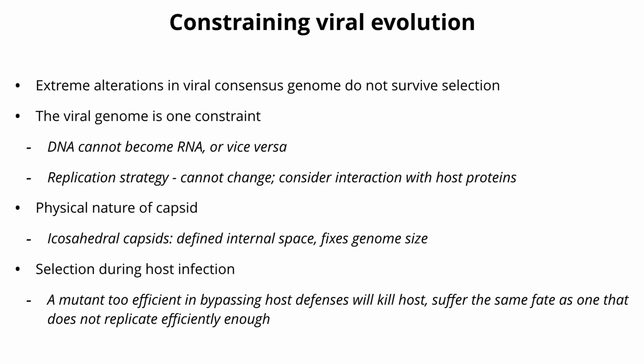You can't get a genome much bigger than can fit inside that capsid. And of course, there are interactions with the host defense proteins. If a virus changes a protein too much, it will no longer be able to, say, antagonize PKR, and it won't work anymore. So despite 4 to the 5,000 possibilities in a single 10 kb genome, there are a limited number of possibilities because many of them would change a lot of these fundamental properties.